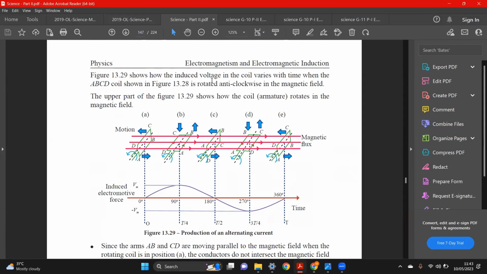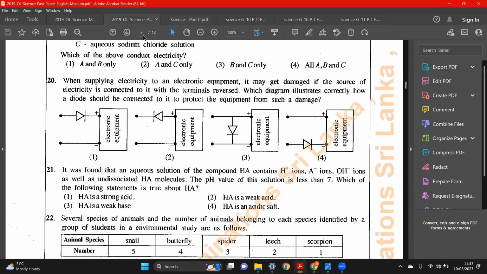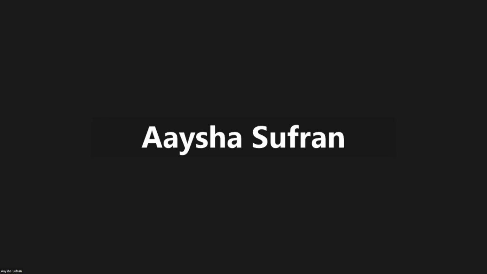We talk about one instance where it's working in a clockwise manner, and then another instance where it's in an anti-clockwise manner. So if you're talking about directions, they will give you a fixed situation, whether it's clockwise or anti-clockwise, and then you can use Fleming's rules and find out the direction of current.